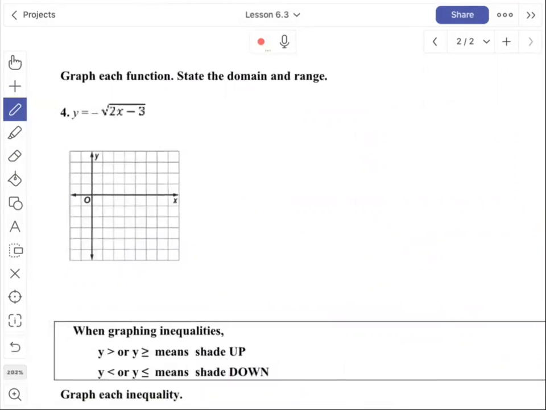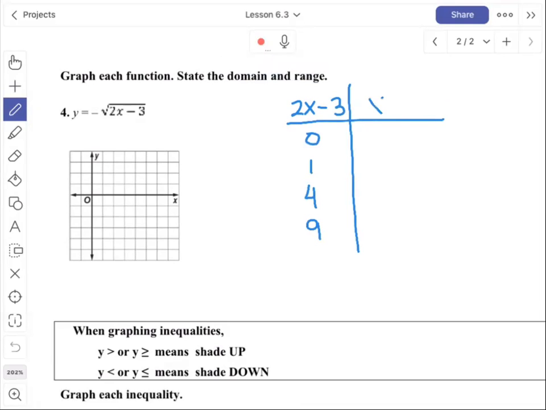First up, put whatever is in the radical in your chart. And then we're going to set that equal to these nice perfect squares. It's always 0, 1, 4, 9. That doesn't change. Now, what makes this a little trickier is that it's a little harder to figure out what x is.